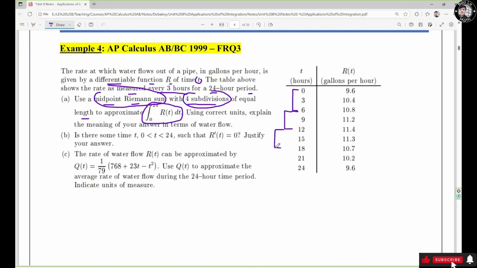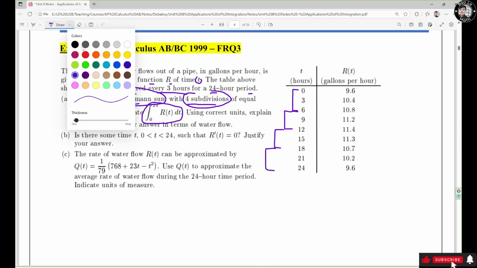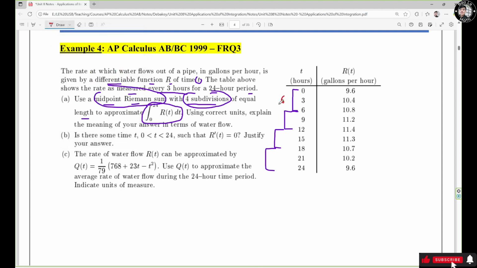And the last interval should be from here to here. Now we need to find the width. The width is going to be 6, right? And the height should be the midpoint right here. It's going to be right here. From here, it's going to be right here. This guy, right here. And this guy, right here.